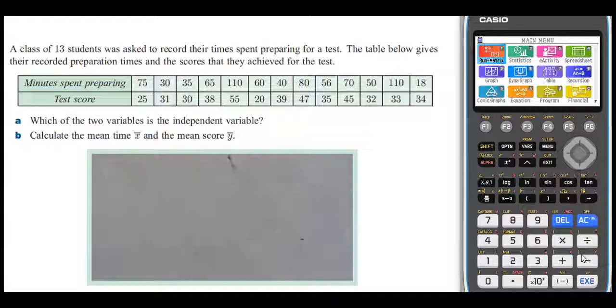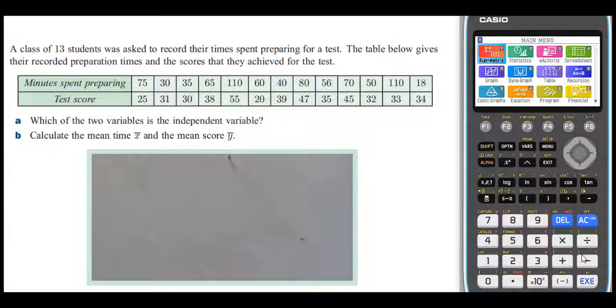So out of these two variables, minutes spent preparing and test score, remember variables, things that can change, which of the two variables is the independent variable? Now it's probably easier to think, well, which is the dependent variable, and then the other one being the independent.